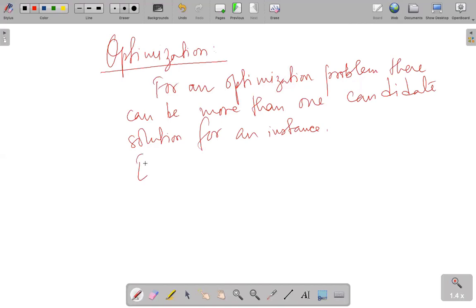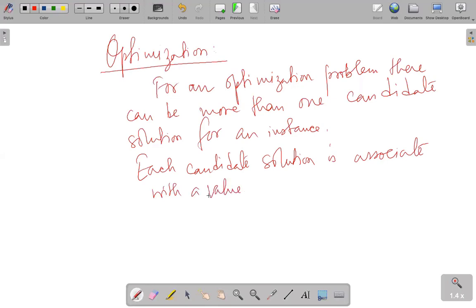And further, each candidate solution is associated with a value. So you can have more than one candidate solution. That is the first thing. And the second thing is that each candidate solution is associated with a value. Okay.